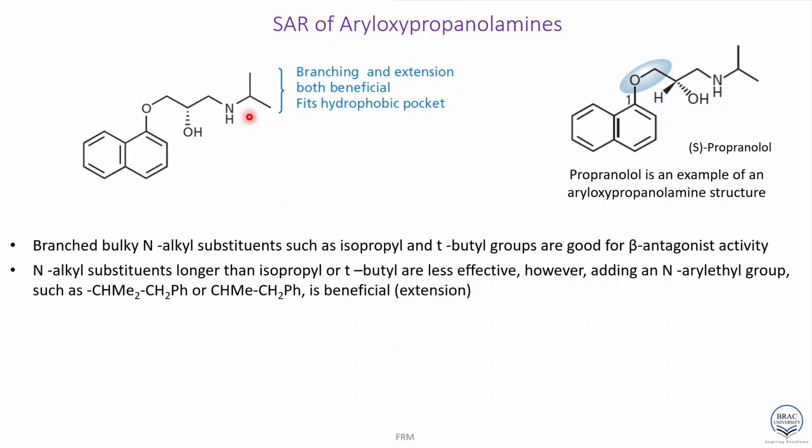Those branched structures increase the selectivity towards beta receptors by fitting into this hydrophobic pocket more than the alpha receptors, because alpha receptors don't have an extra hydrophobic pocket interaction site.